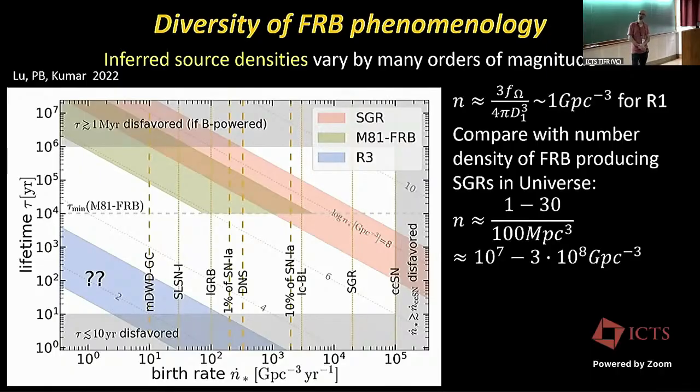Roughly 1 per gigaparsec cubed is an estimate for the number density of these sources. Whereas if you look at something like galactic magnetars, even if only one of the galactic magnetars in our galaxy can produce FRBs, the density of Milky Way-like galaxies is so large that you reach numbers that are 7 or 8 orders of magnitude greater. So this is a huge range, and again, there is a clue there that is important.